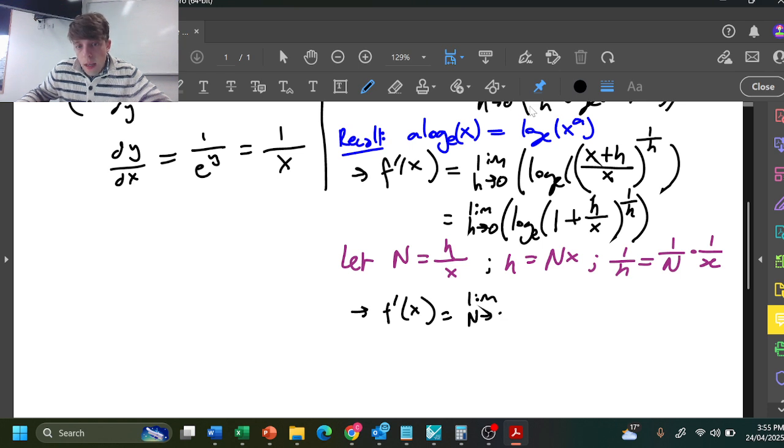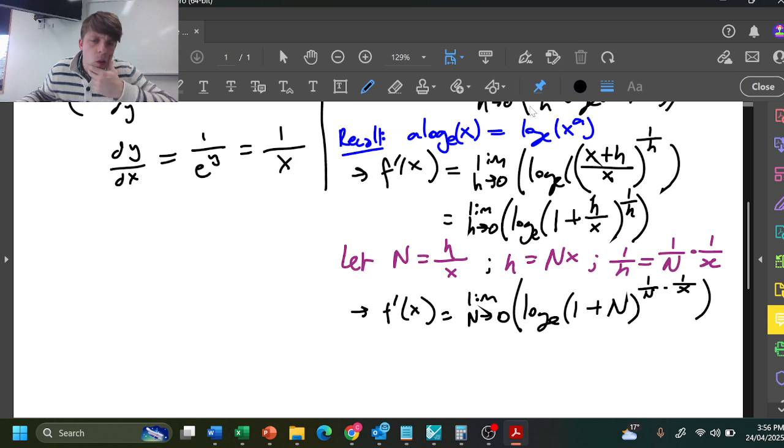So the limit as n goes to 0 of log e of 1 plus, okay, h over x, that's what we called n. So let's just sub in capital N there. So log e of (1 plus n) to the power of, okay, now 1 over h, that was equal to 1 over n times 1 over x.